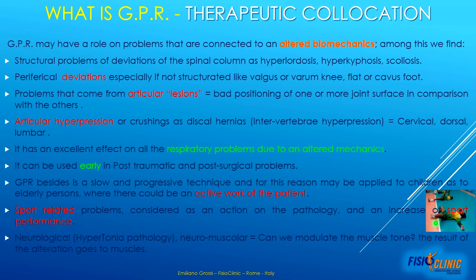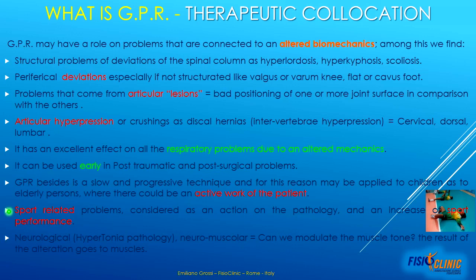There are a bunch of professional teams here in Europe, in Belgium and France, that are treated with RPG once or twice a week because they have seen a decrease of sport injuries and sometimes an increase of sport performance.